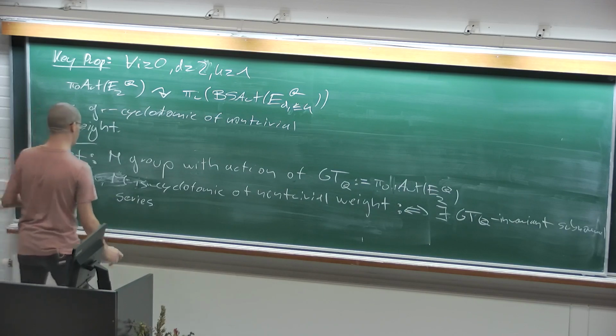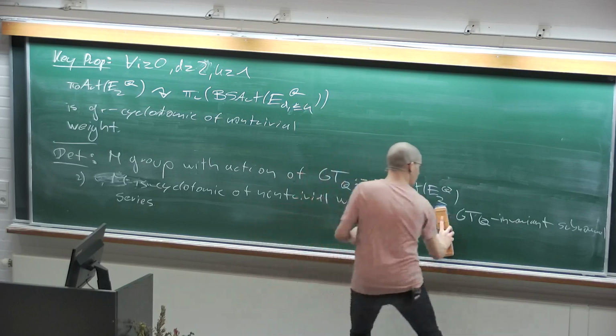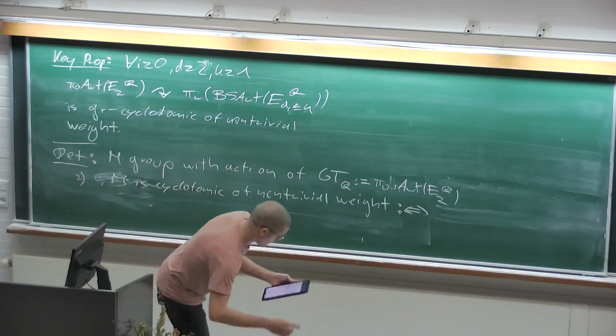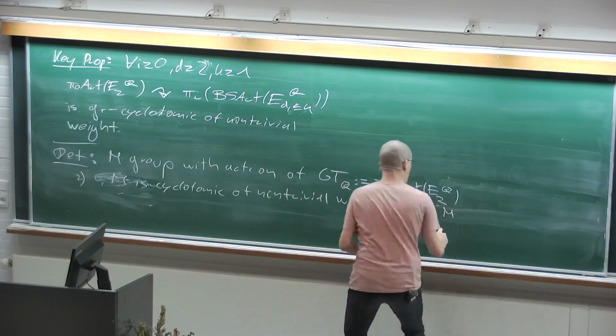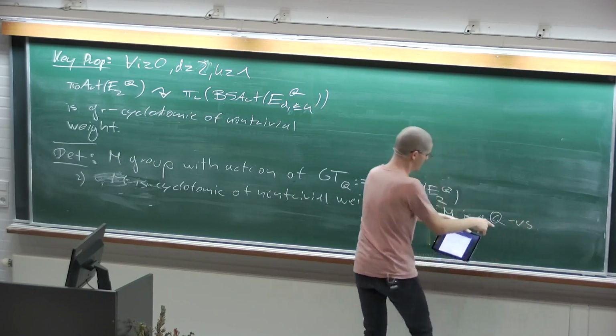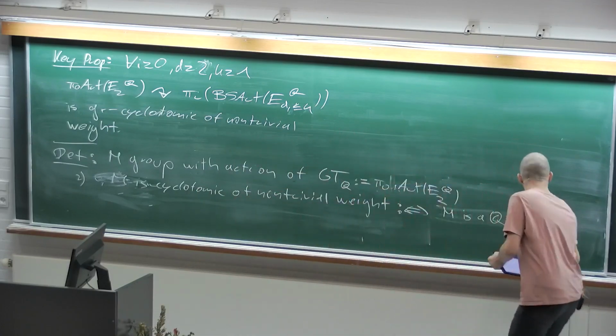No, I messed it up, sorry. This is going to be the next definition. It's cyclotomic of non-trivial weight if the group I'm acting on is a Q vector space. And exercise, this is a property, not structure, for a group to be a Q vector space.